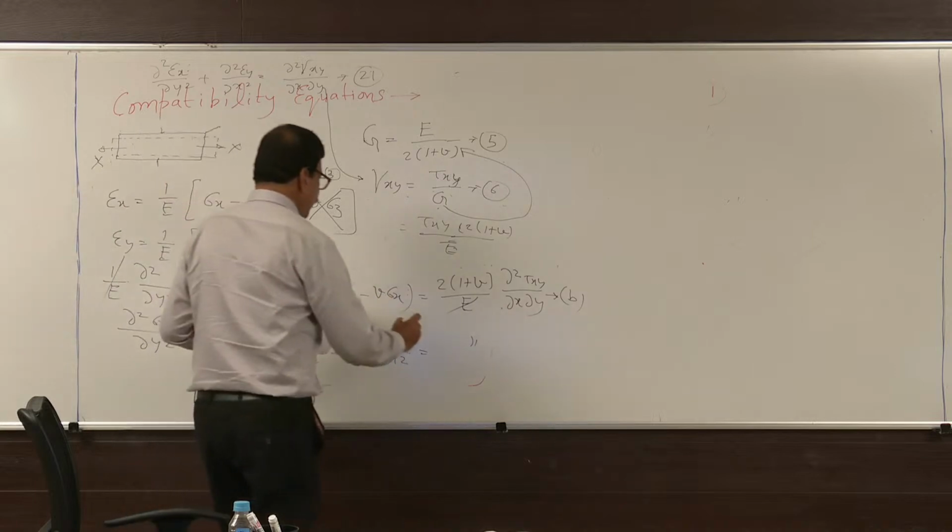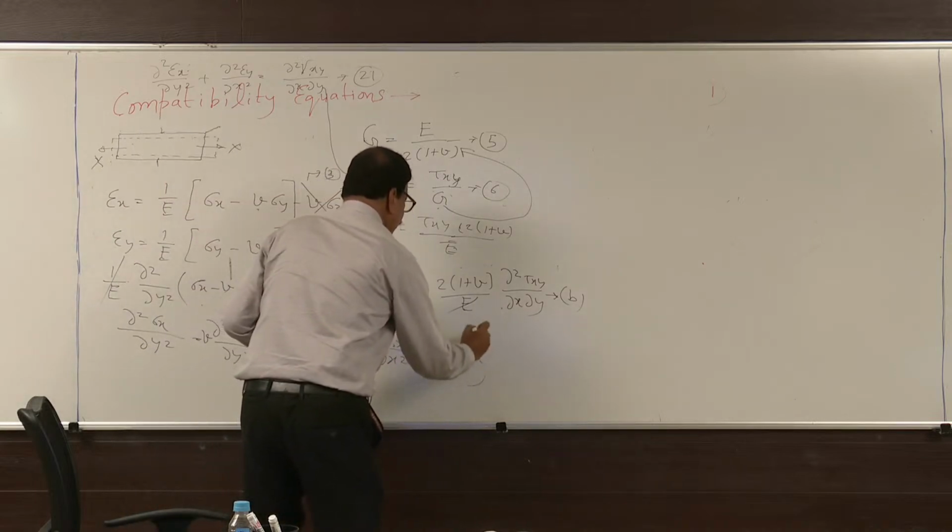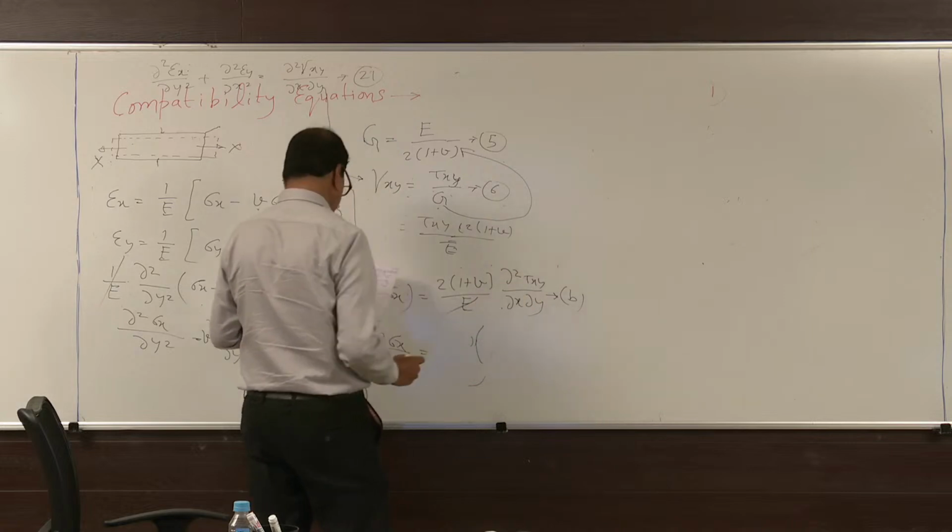Also we put the value here, del square tau xy.